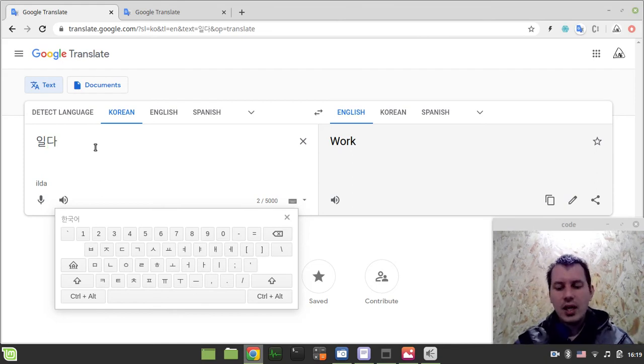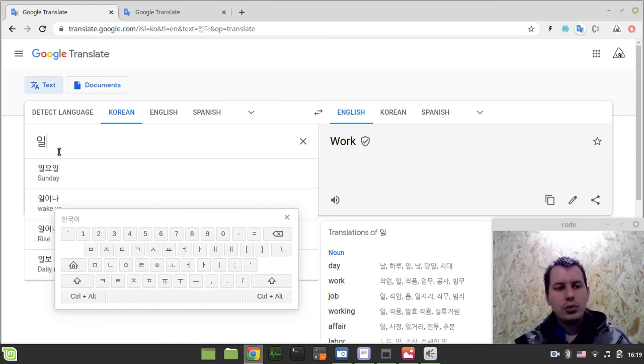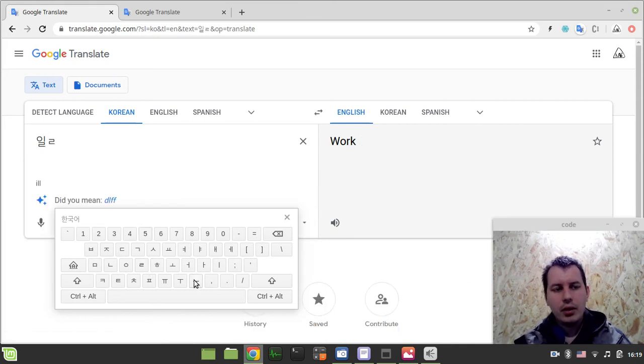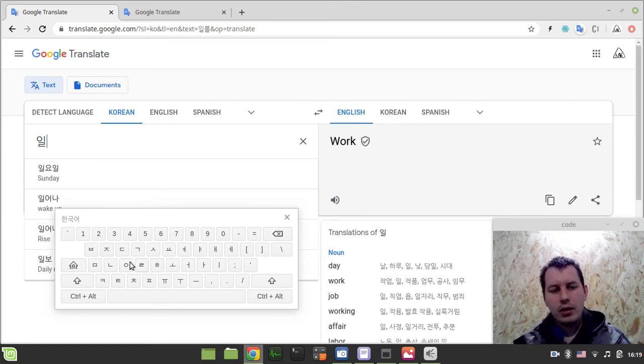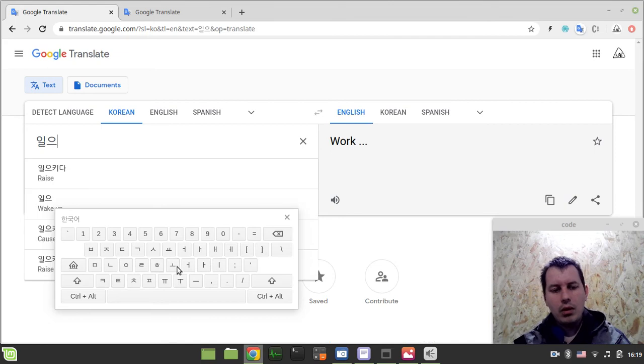So let's say that we'll use work, ilda, as the object. In order to use this as the object, it won't be il because we have this da already. So again, like nun and un, the same is for this one. So rul, ul. So we can say ul.